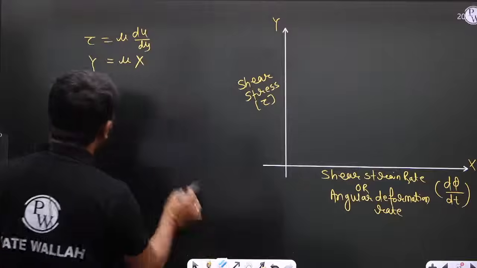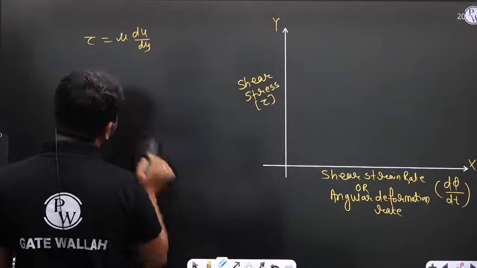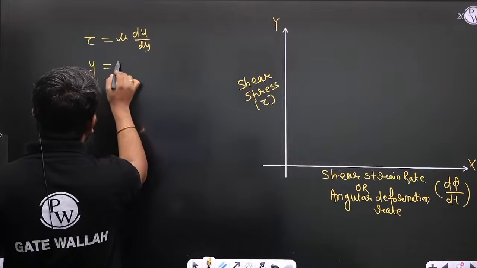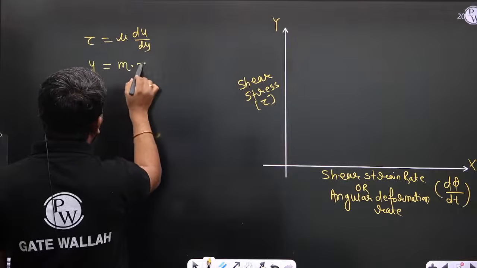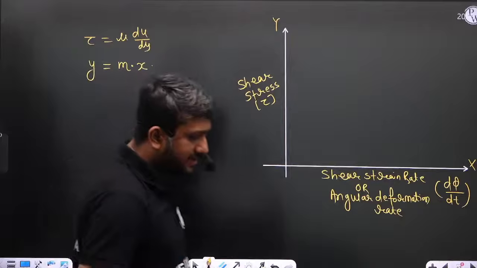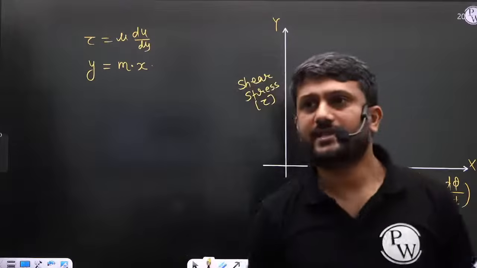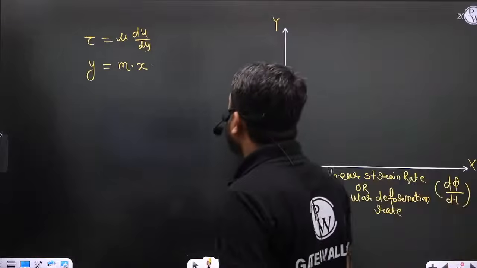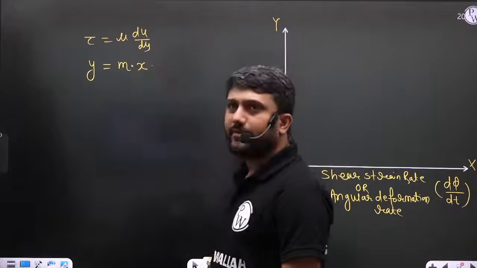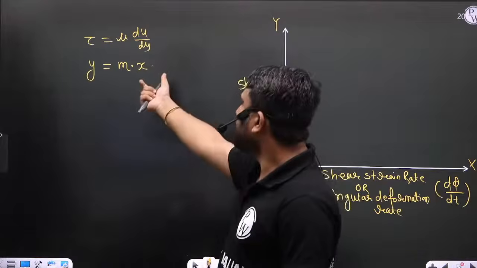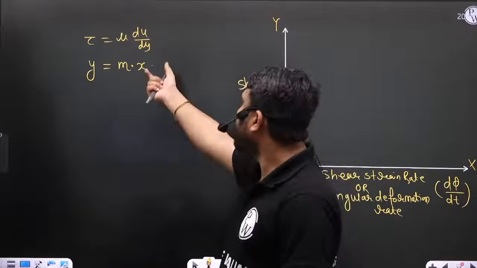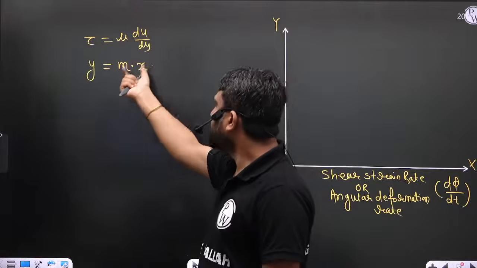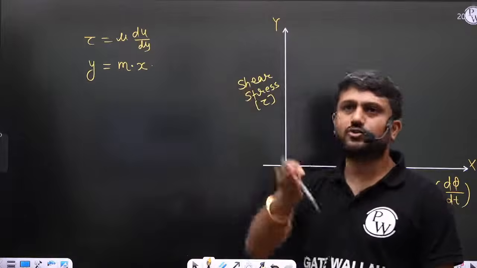This equation is similar to y is equal to mx. Y is equal to mx is the equation of a straight line having slope m.